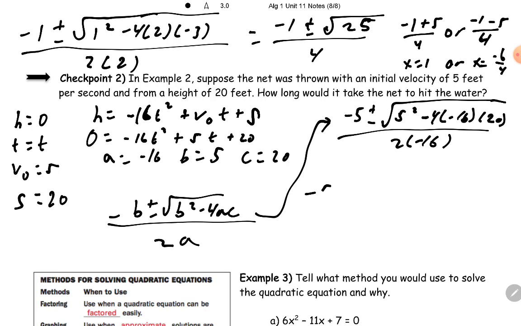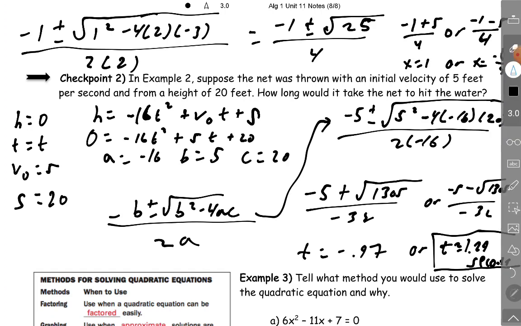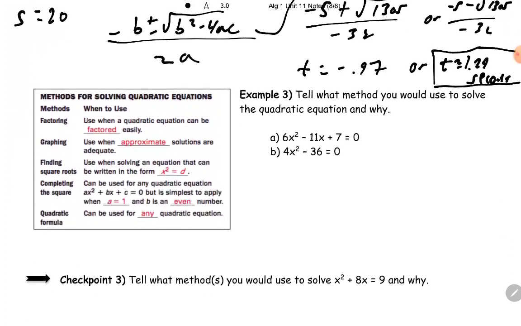So this is going to split into two equations: negative 5 plus the square root of 1,305, or negative 5 minus the square root of 1,305, all over negative 32. I'll get t equals negative 0.97 seconds, or t equals about 1.29 seconds. And we're going to choose the positive time because negative time doesn't make sense.